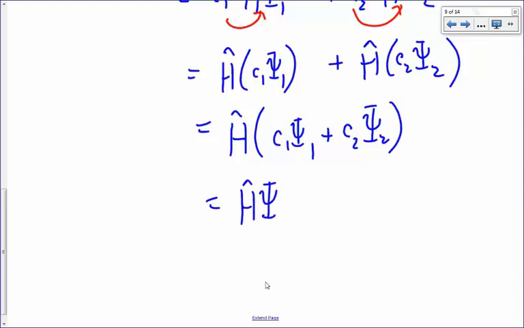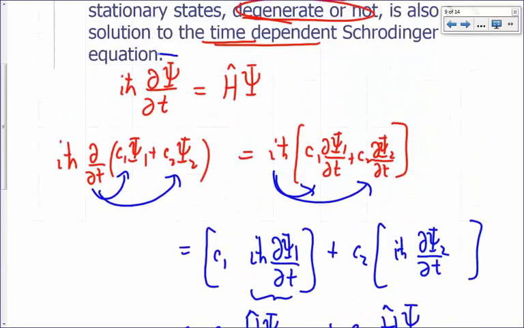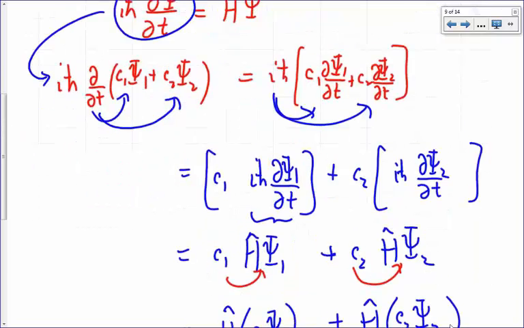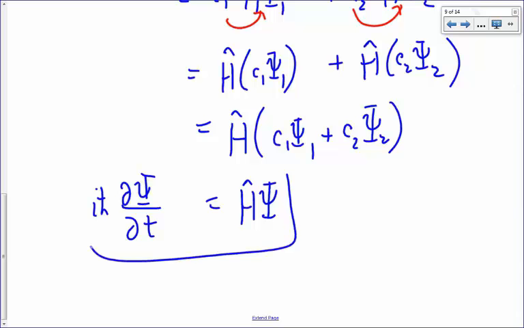Which is the same thing as H hat psi. And so what we have shown is i h bar derivative of psi with respect to time is equal to H hat psi. So any linear combination, they don't need to be degenerate, will still be a solution to the time-dependent Schrodinger equation.